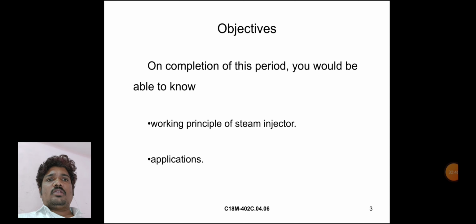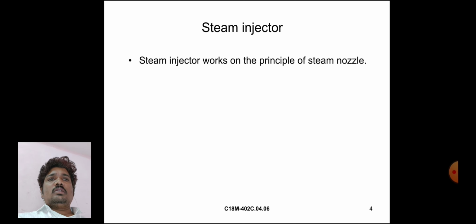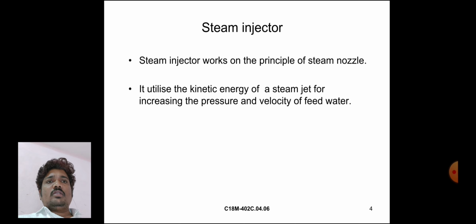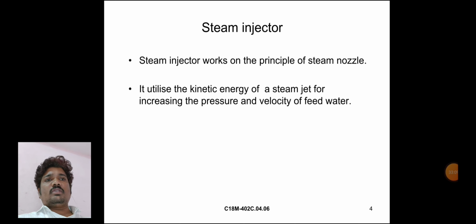Working principles of steam injector and applications. The steam injector works on the principle of a steam nozzle. It utilizes the kinetic energy of a steam jet for increasing the pressure and velocity of the feed water.